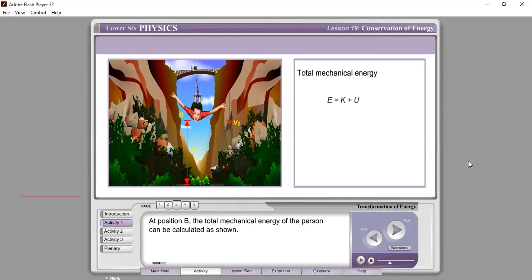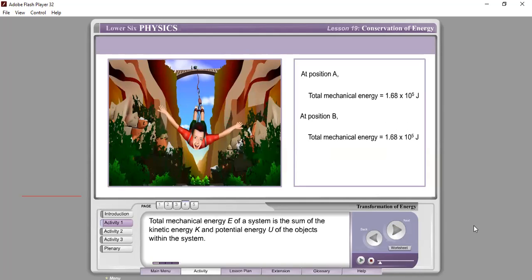Total mechanical energy, E, equals K plus U, which equals 5.00 times 10 to the power 4 plus 1.18 times 10 to the power 5, which equals 1.68 times 10 to the power 5 joule.